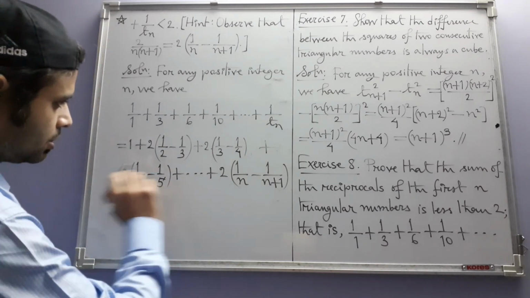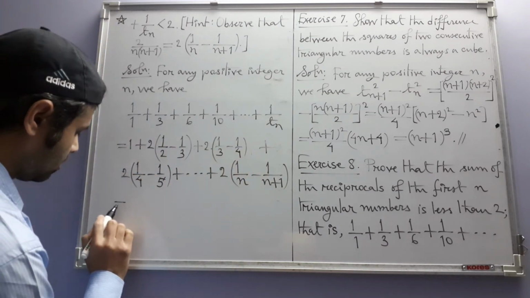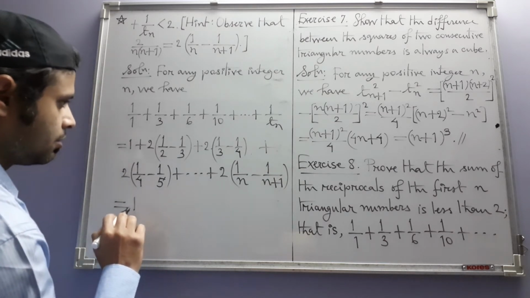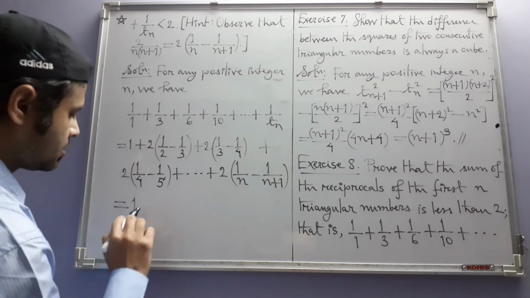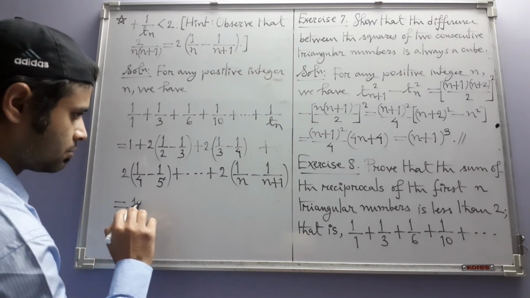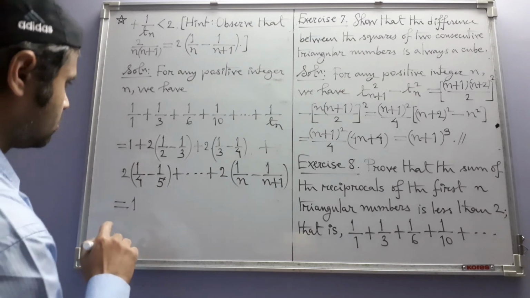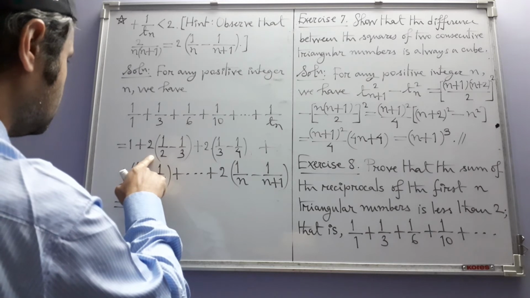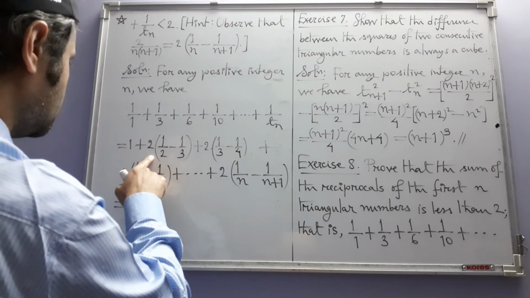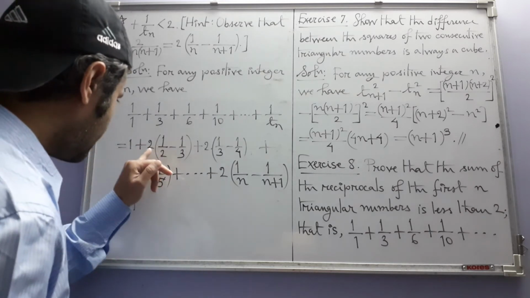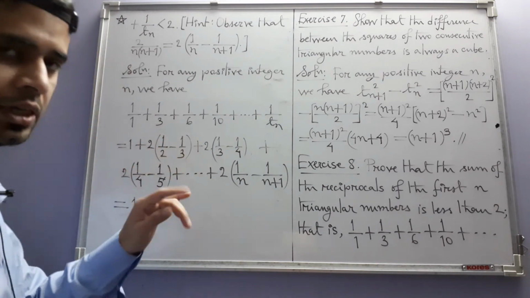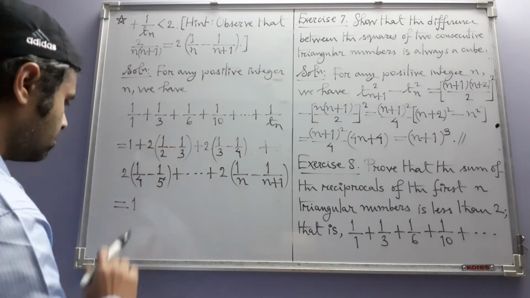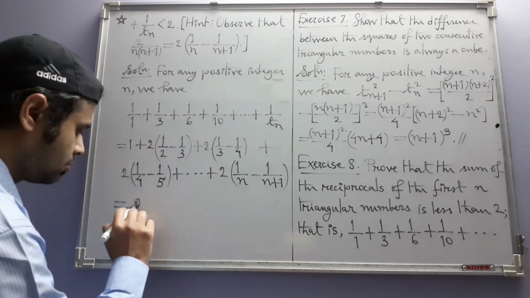This way, if you do all the cancellations, you will be left with 1 plus this term, 2 divided by 2, so that will give us 1 and another 1, so this is 2.